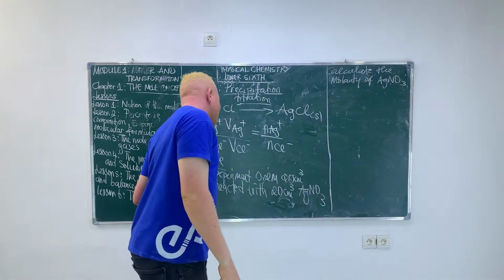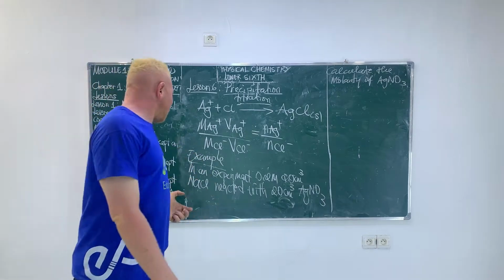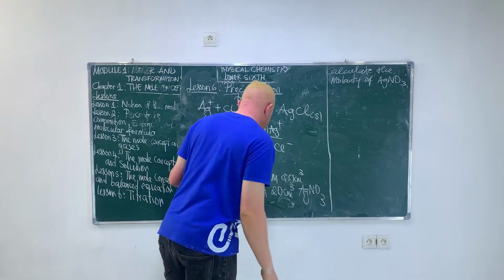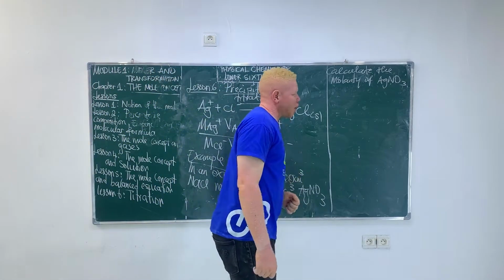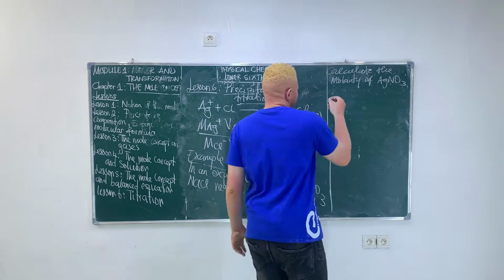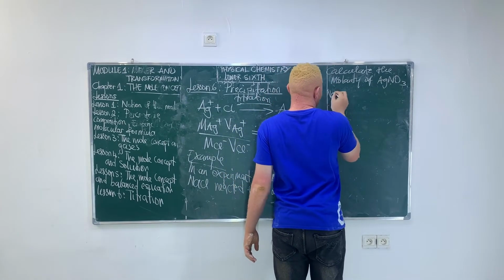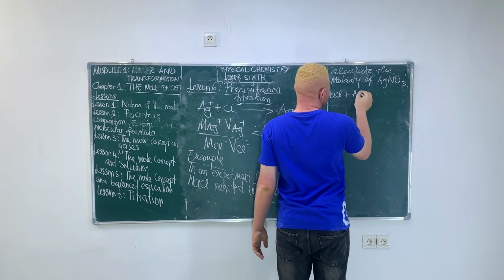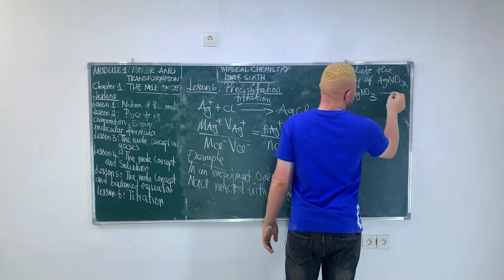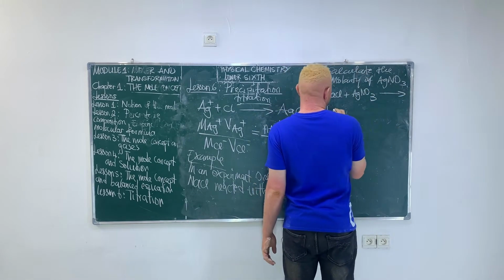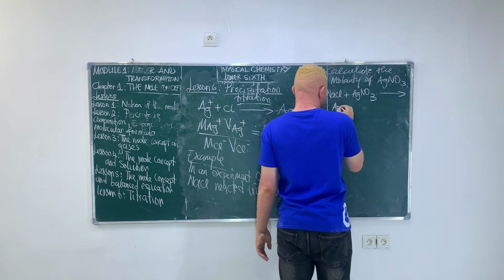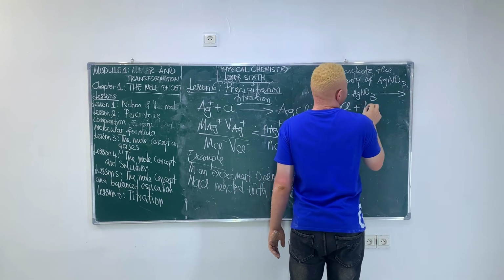So in this case, we are going to write a balanced equation. Our equation is between sodium chloride and silver nitrate. So we have sodium chloride plus silver nitrate giving silver chloride and sodium nitrate.